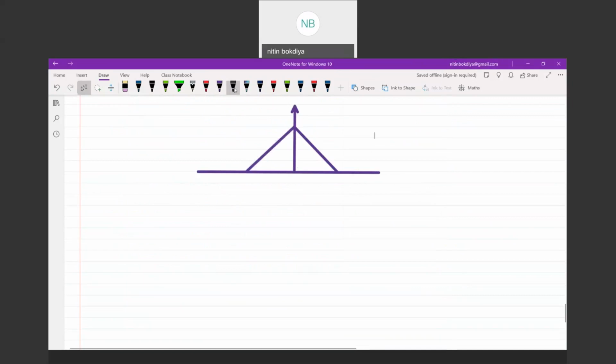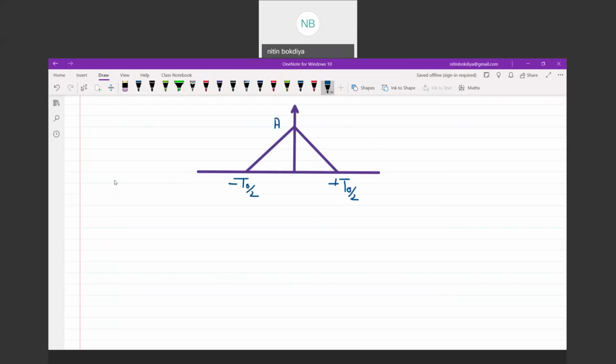Suppose I am interested in the Fourier transform of this function, from minus t by 2 to plus t by 2, this is a.